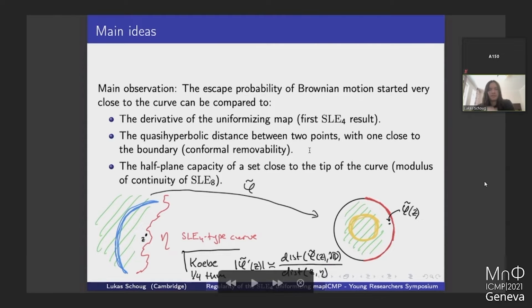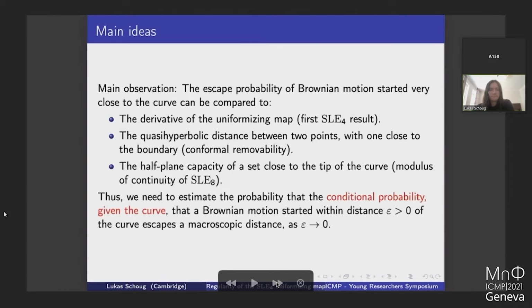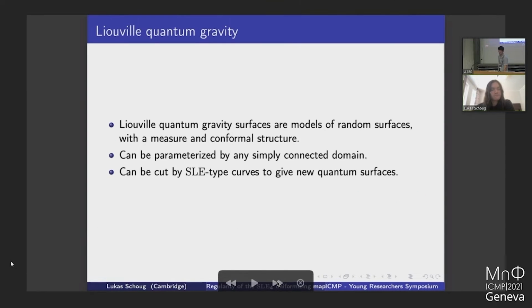And similarly, one can see that you can compare the escape probability of Brownian motion to the quasi-hyperbolic distance and to half-plane capacity of a set close to the tip of the curve. But I will just talk briefly about the SLE4 case. So basically, we just need to know what's the probability here of escaping, given the curves.